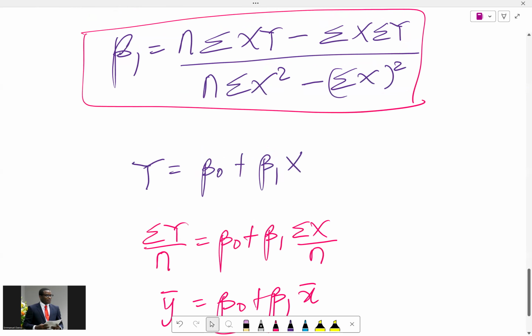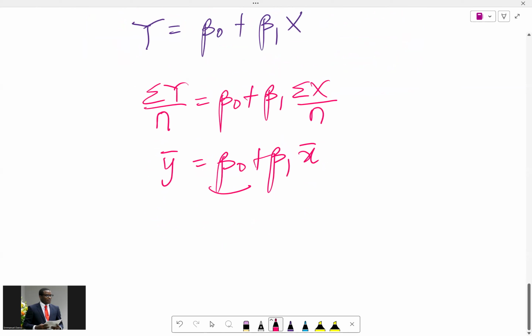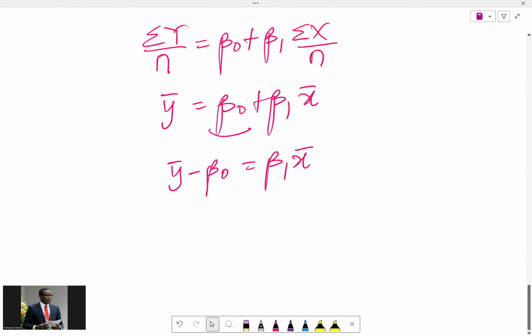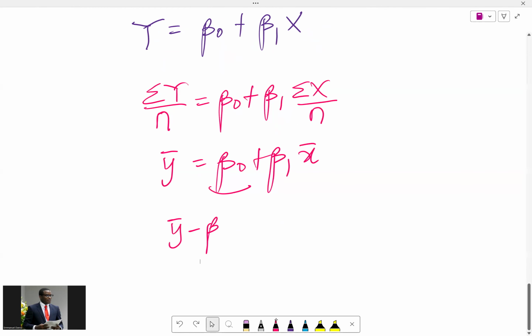You would have found b1 from here, right? So we now have y bar minus beta naught equals beta 1 x bar. Apologies, it's beta naught we need, so we can have y bar minus beta 1 x bar equals beta naught.